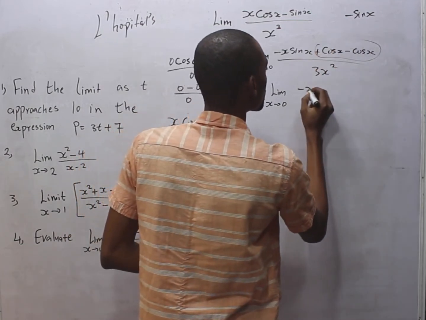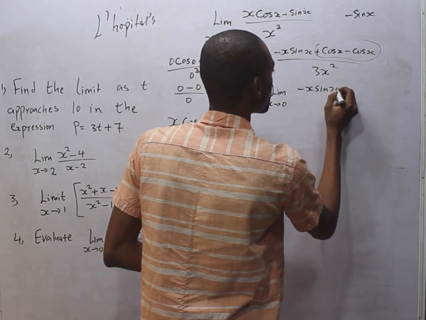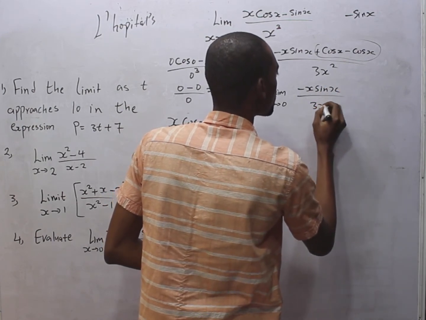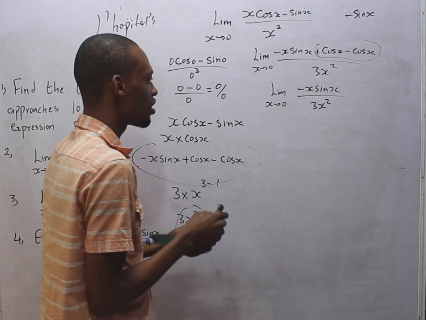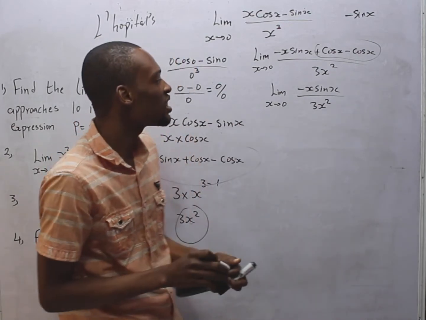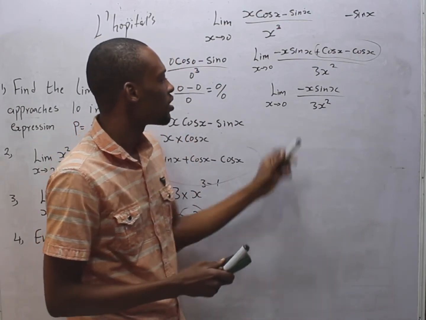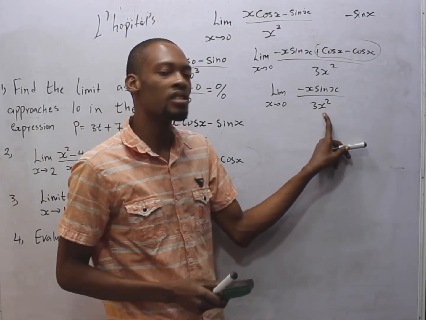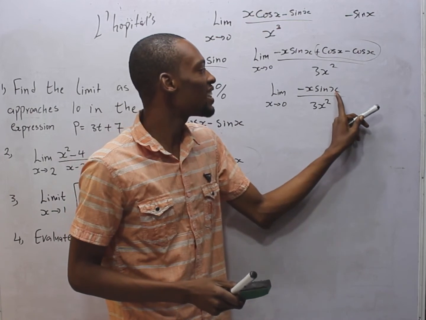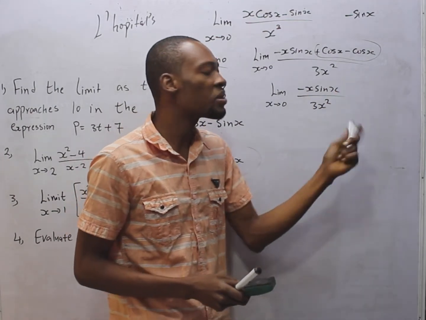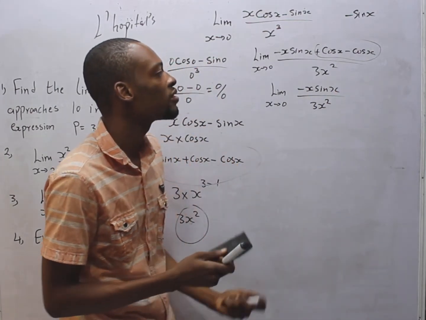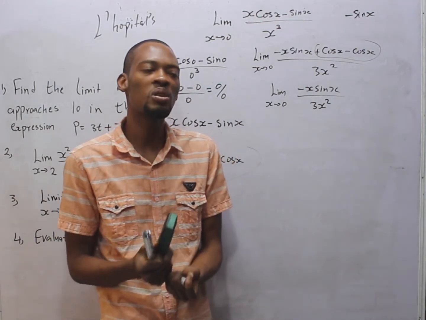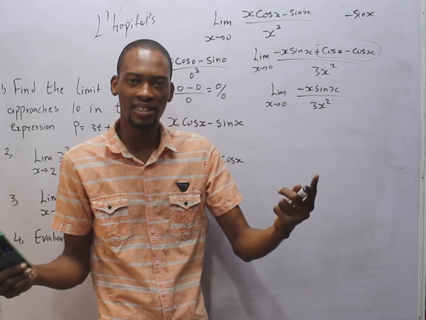So we have minus s sin s all over 3s squared. From here, as s tends to 0, what will happen? 0 raised to the power of 2 is 0. 3 times 0 is 0. Sin 0 is 0. 0 times 0 is 0. So this has given us 0 over 0, which is also undefined.